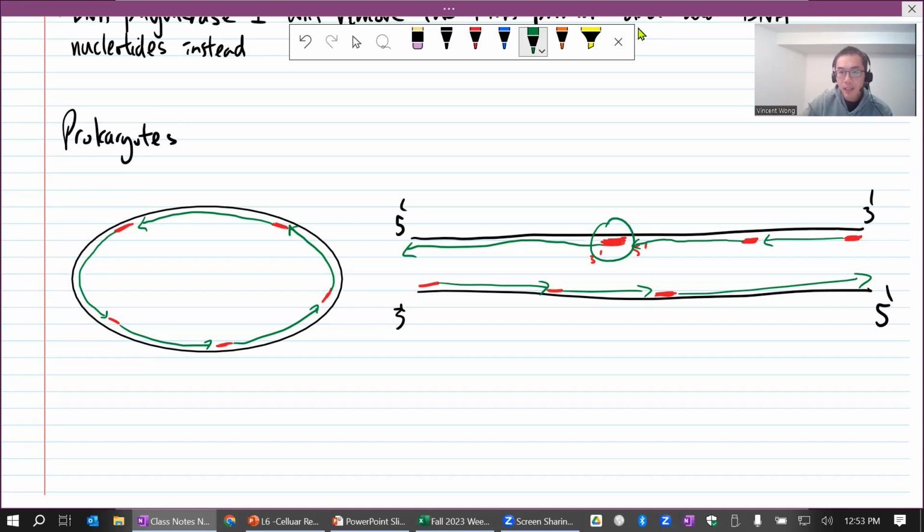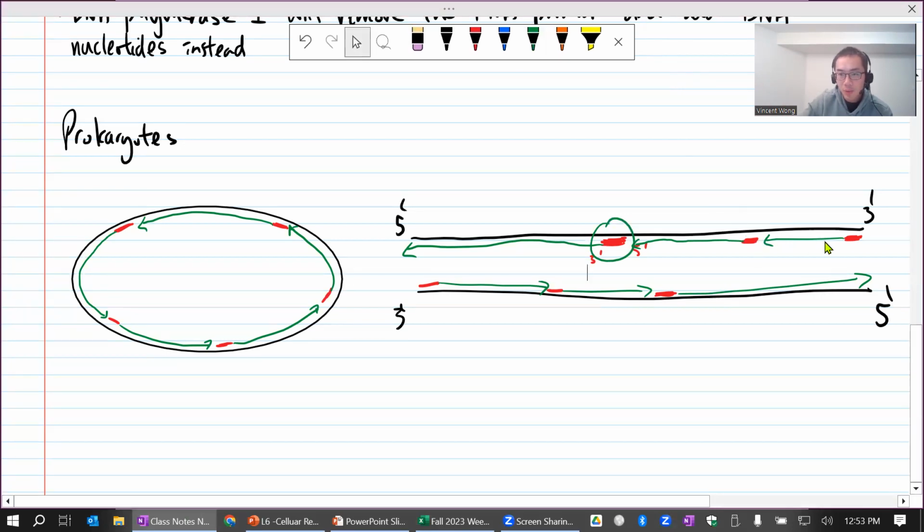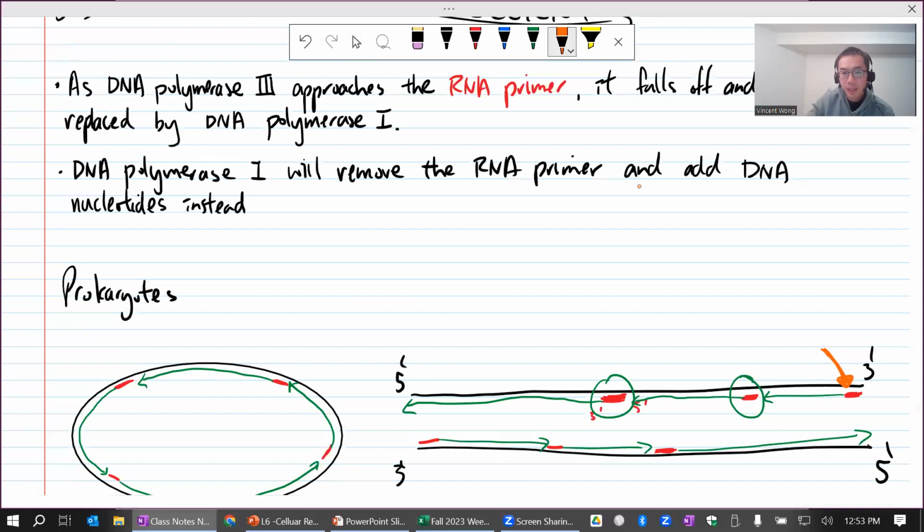And over here, same thing: as polymerase 3 comes, the RNA will be replaced with DNA. But we're going to have a problem here at the end. This little bit here is not going to be replaced by DNA.